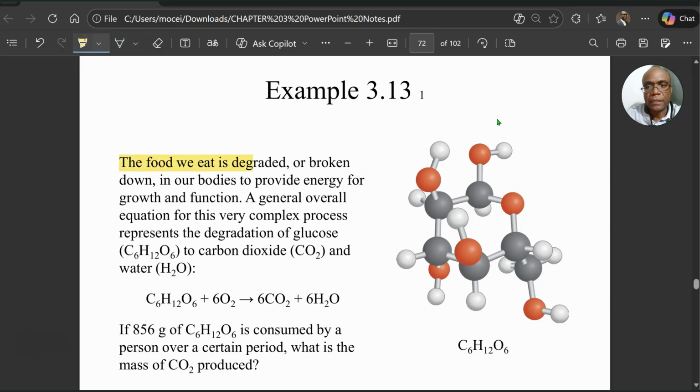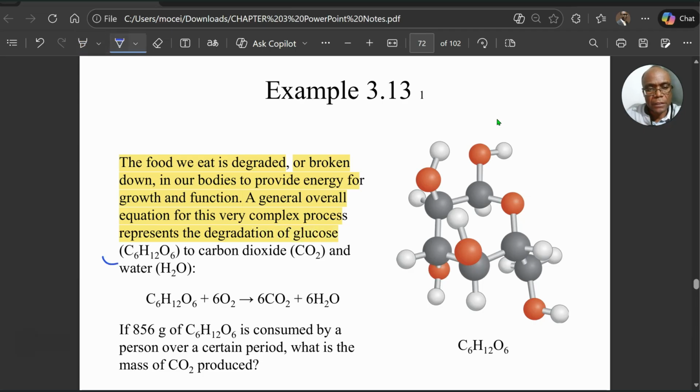The food we eat is degraded or broken down or digested or metabolized in our body to provide energy for growth and function. In biochemistry I teach, I say that is energy in form of ATP, adenosine triphosphate. A general overall equation for this very complex process, metabolism, represents the degradation of glucose.